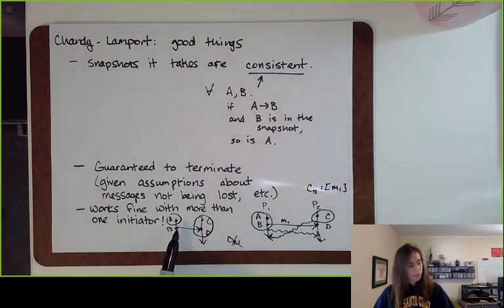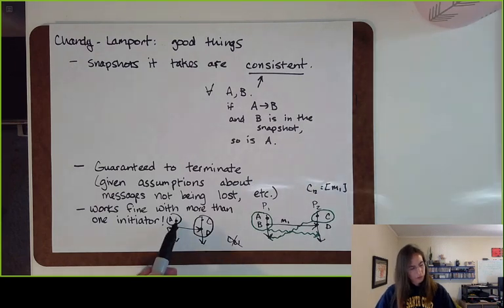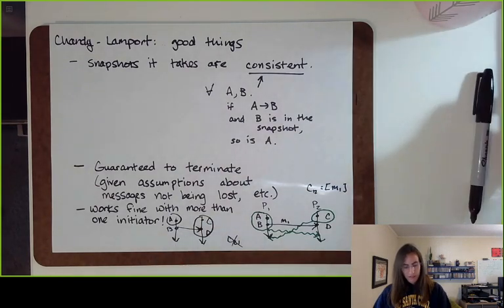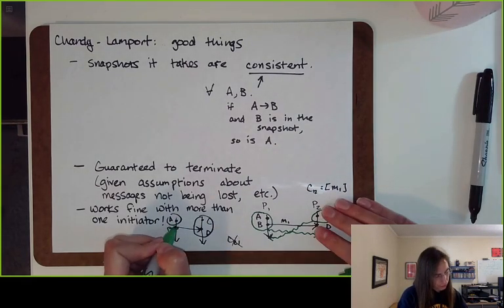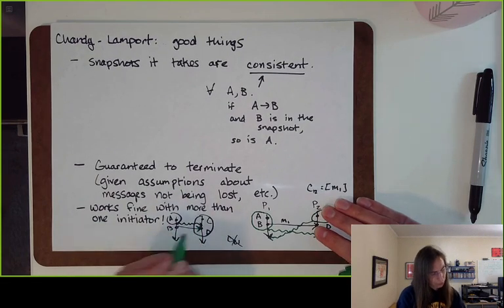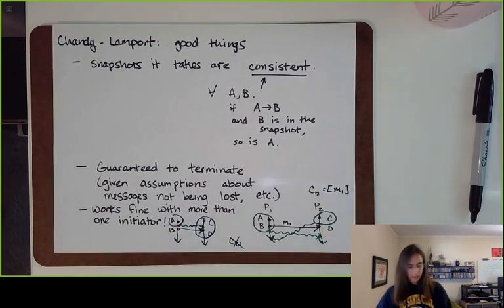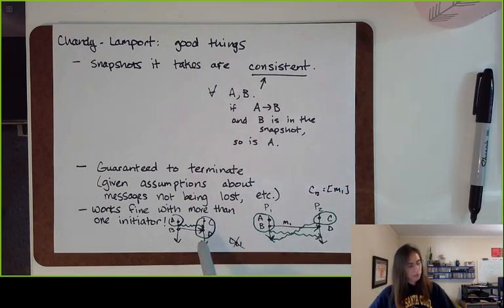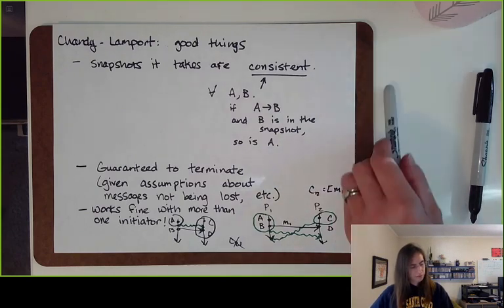But this couldn't happen because after P1 takes its snapshot here, it has to send its marker message over before it does anything else. And that marker message, because of FIFO, it's going to have to arrive before that event D. So this particular snapshot wouldn't happen, regardless of whether P2 already snapshotted its state or not.